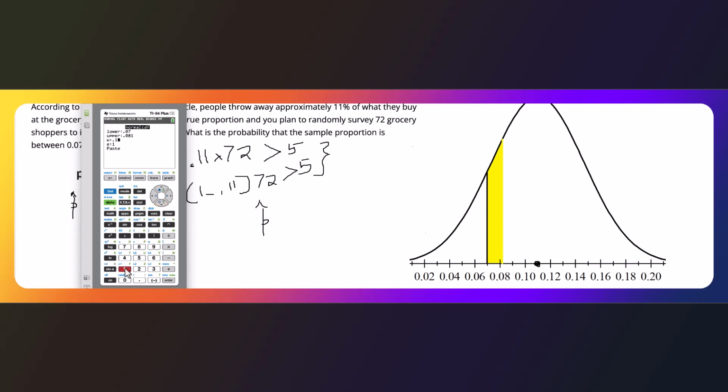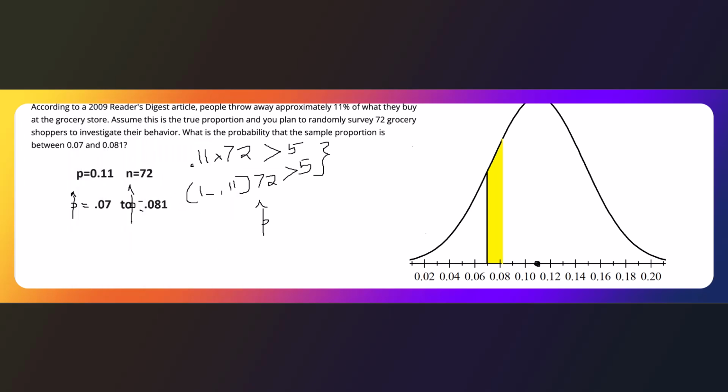Our mean is 0.11 and the standard deviation I'm just going to type as it is: the square root of 0.11 times 1 minus 0.11, divided by 72. What is the answer? 0.0768 approximately.